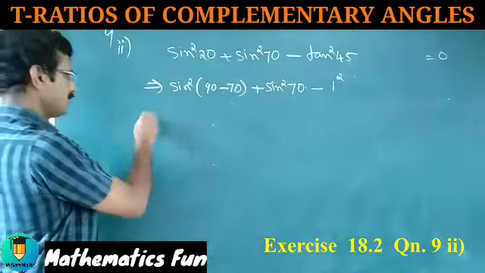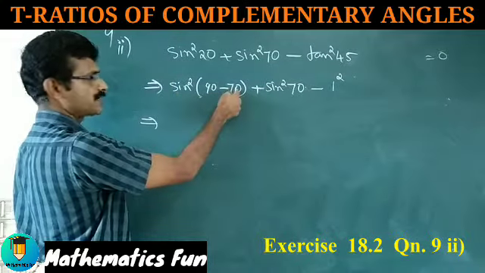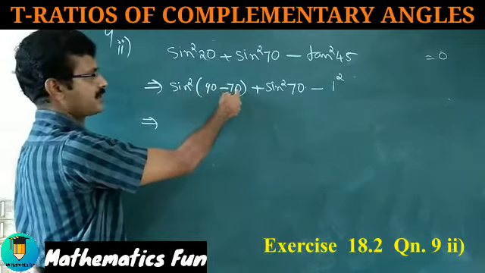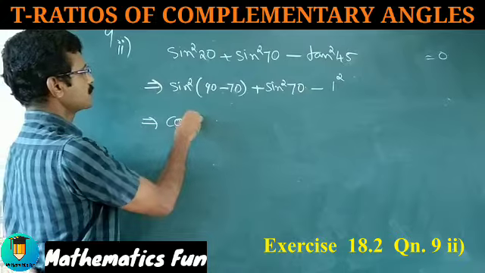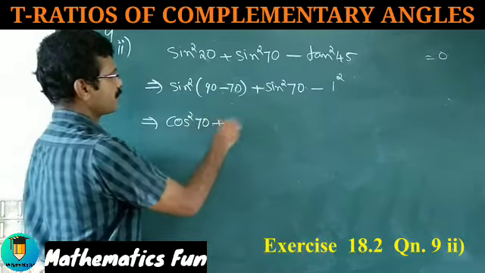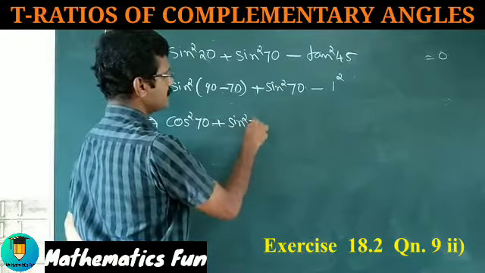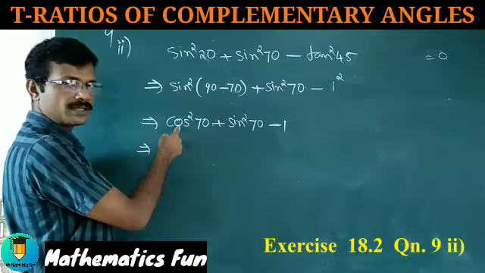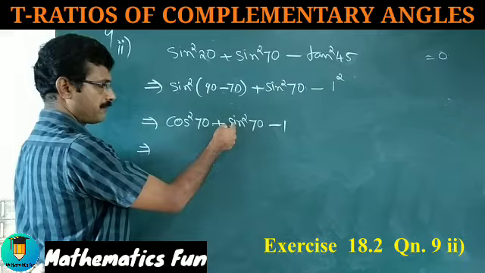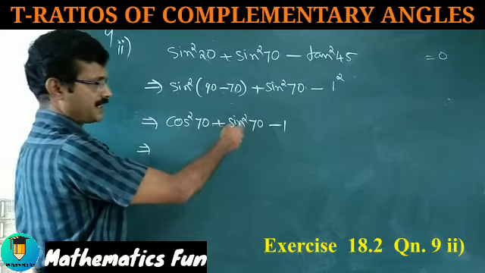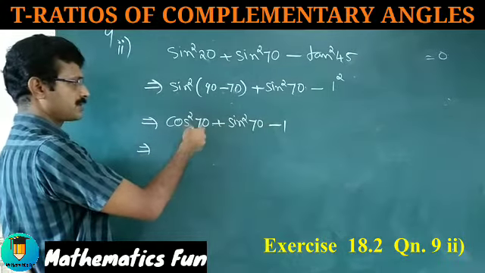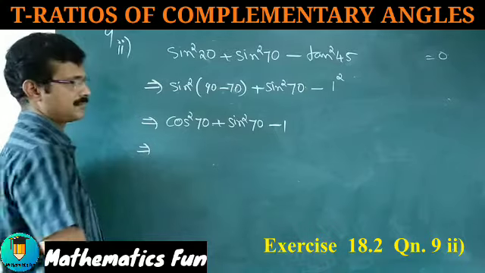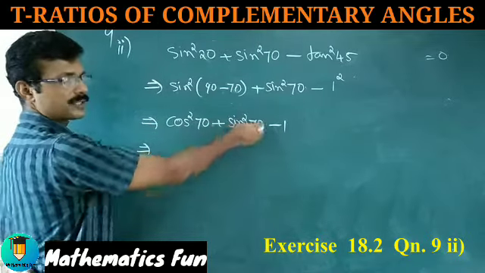Now this is the sin 90 minus theta formula. Sin 90 minus theta is cos theta. So it is cos square 70 plus sin square 70 minus 1. Now here you see an identity is coming. In the first chapter we discussed that sin square theta plus cos square theta is equal to 1. Here theta is 70, both are 70.